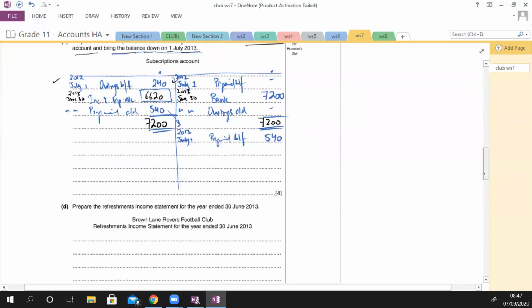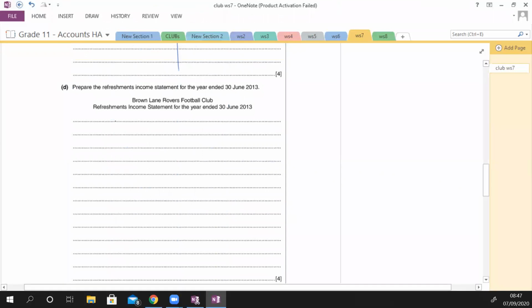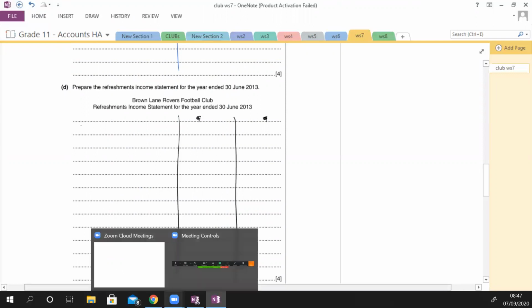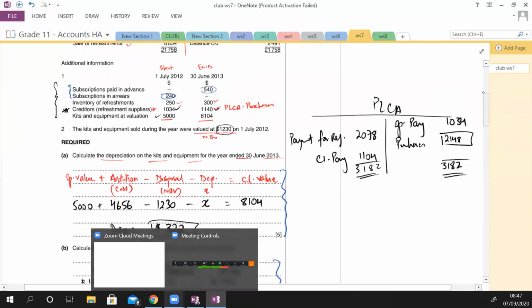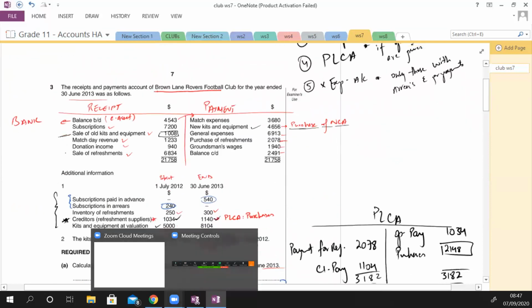2148 is the value for purchases. Now Brown Lane's refreshment income statement. Columns. Sale of refreshment, we get from the receipt side. Here is sale of refreshment, 26834.